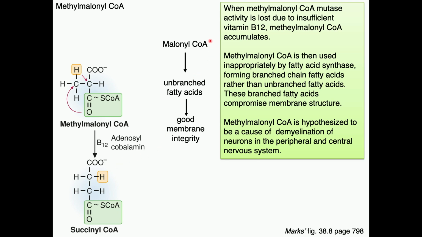So fatty acid synthesis, just to give you a 2-second preview of it, uses malonyl-CoA as a substrate. Malonyl-CoA is a 3-carbon dicarboxylic acid. Okay, and when we use this as a substrate for fatty acid synthesis, we make straight chain fatty acids.